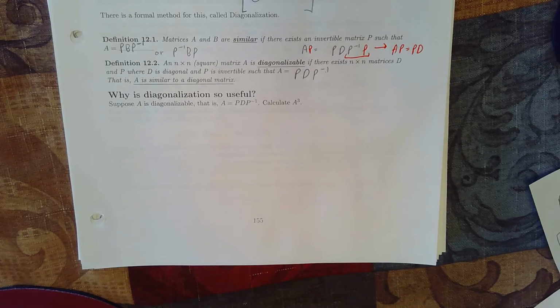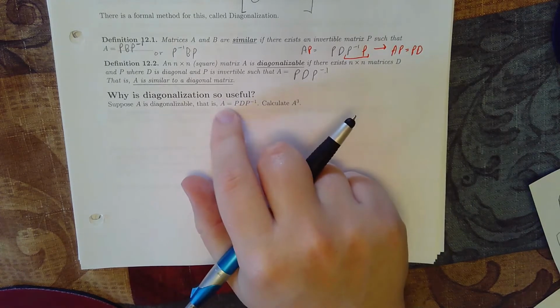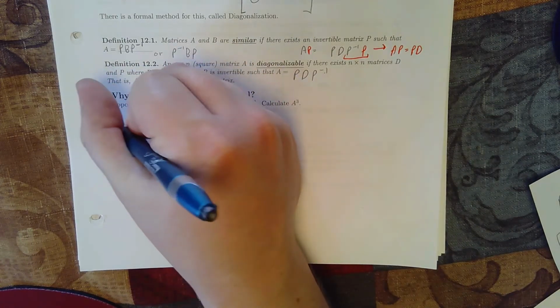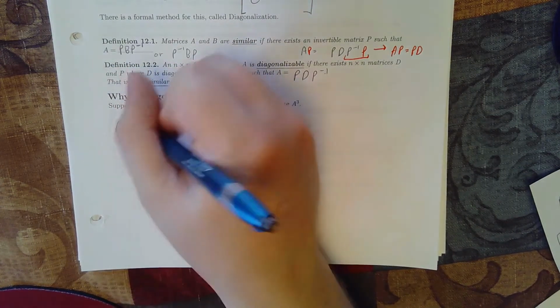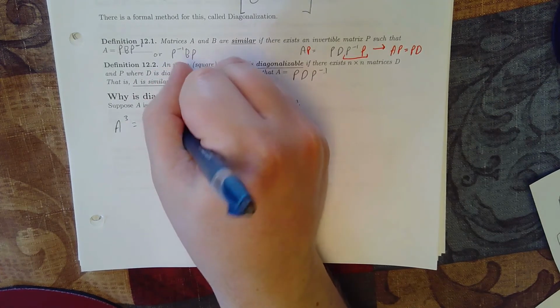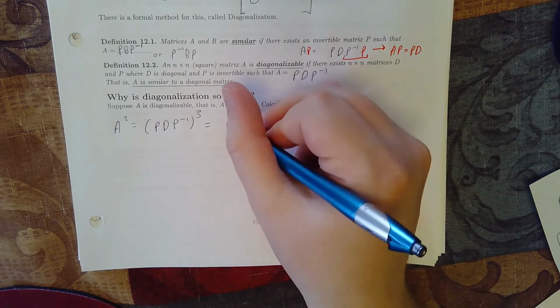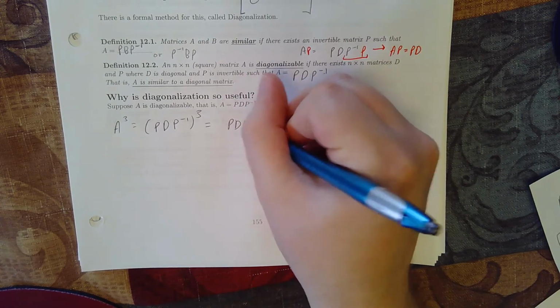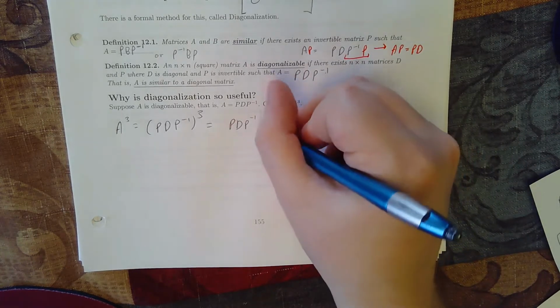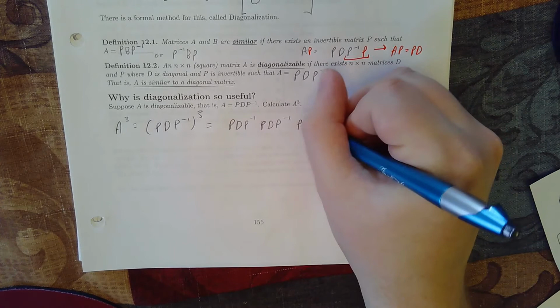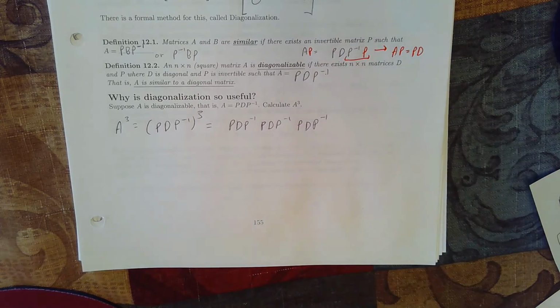Let's talk about why we'd like to have something that's diagonalizable. If we've got A equals P D P inverse, and we want to calculate A to the third, that's the same thing as P times D times P inverse, all to the third. If we expand that, that'll be P D P inverse times P D P inverse times P D P inverse.